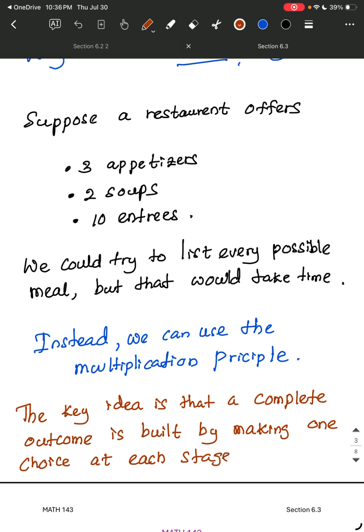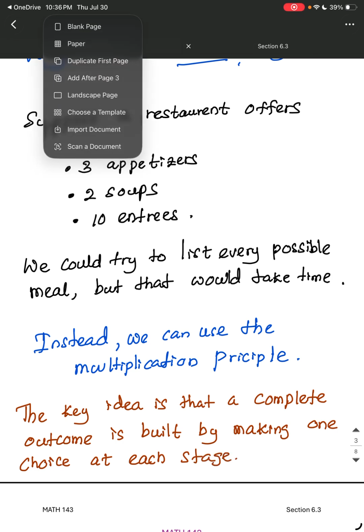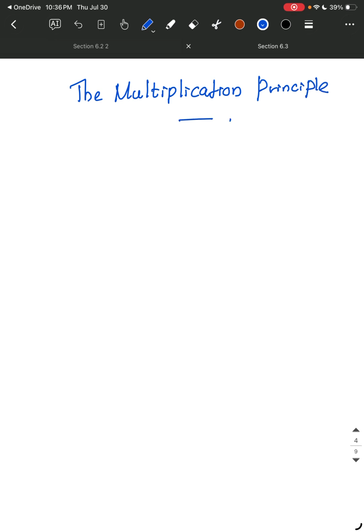Okay, then let's see what the multiplication principle means. The multiplication principle: suppose a process consists of two tasks.